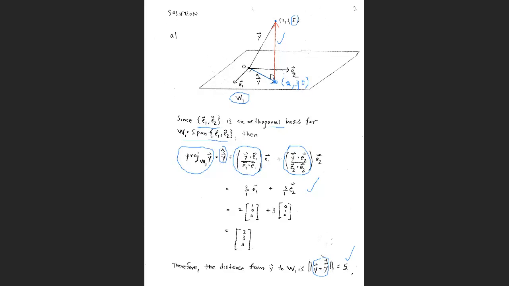So if you take the vector y, which is 2, 3, 5, and you subtract the vector 2, 3, 0, which is the projection vector, you'll get y minus y hat equal to 0, 0, 5. That's right, Solomon.